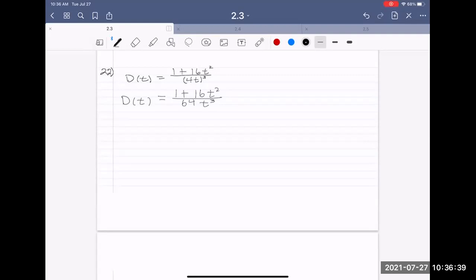What I notice students doing is the opposite: they don't simplify, they take the derivative, and then they try to simplify the derivative. Before you take the derivative, always simplify first.